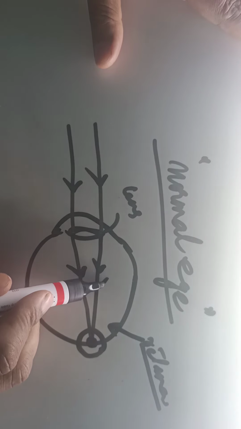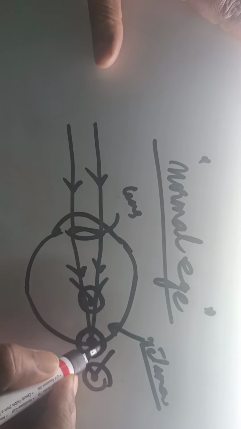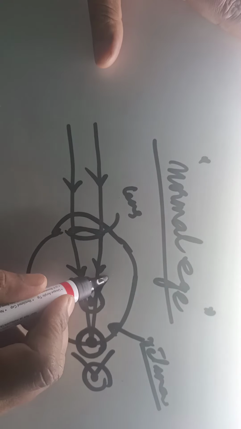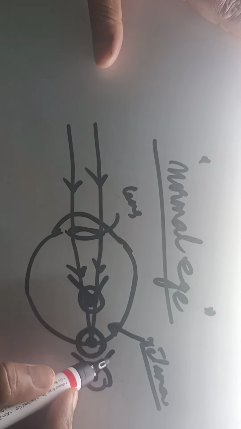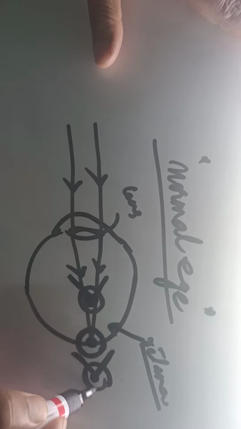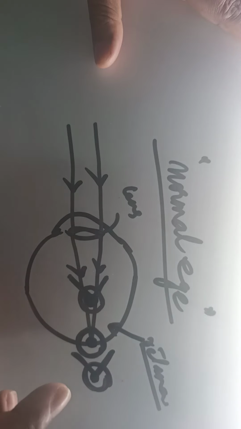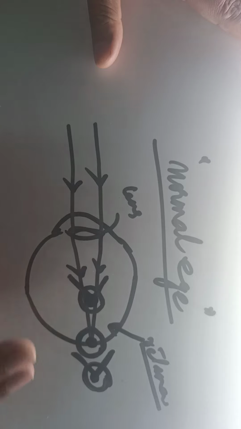Remember, for a normal eye, the rays of light coming from an object meet at the retina. The problem starts if the rays of light do not meet on the retina, but instead meet in front of the retina or behind the retina. So keep this image in mind: for a normal eye, the rays of light meet on the retina, and the person will have no problem in seeing far away or nearby objects clearly.